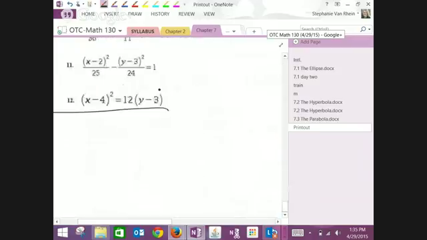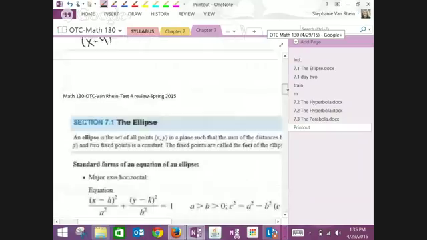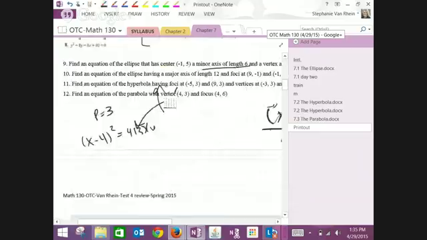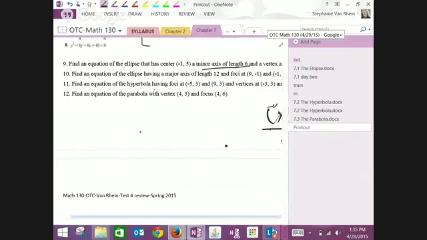And that's this. All right, if you're not used to doing these, you make them a lot more complicated than they are. On the parabola, you just have to find P. Then your shift in your x direction and your shift in your y direction is given by the vertex.